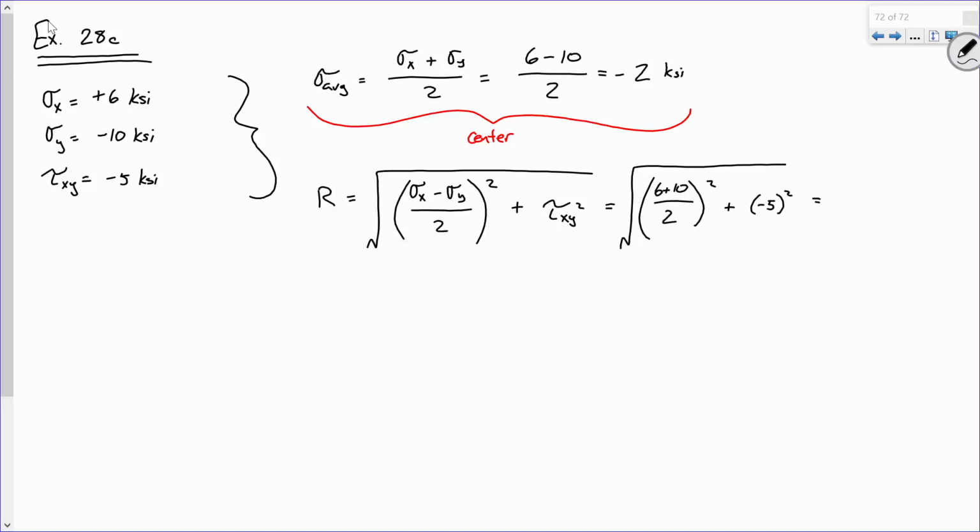It's not a pretty number or an integer or anything like that. All right. And keep in mind this is the radius. Sound good?